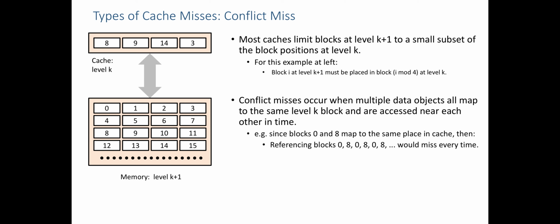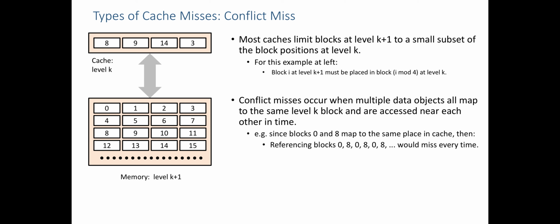Then we would keep missing. We would miss when it first brought in block 0, and then we'd miss when it had to bring in 8, and then it would miss when it brought 0 back in, and so on. So this wouldn't make for a very good exploitation of locality at all. The poor locality is causing an issue. So poor locality often causes these conflict misses.